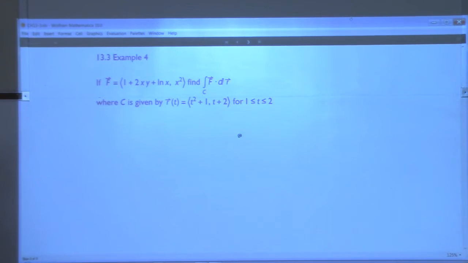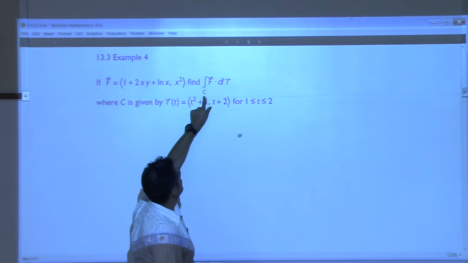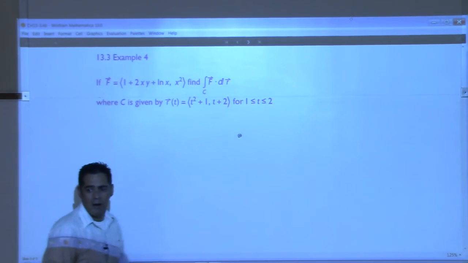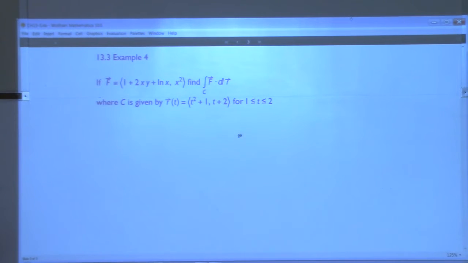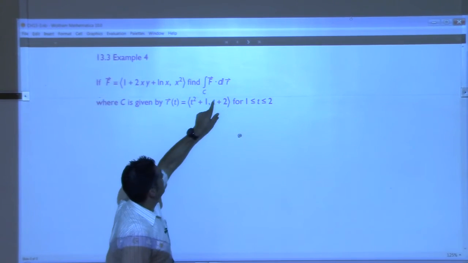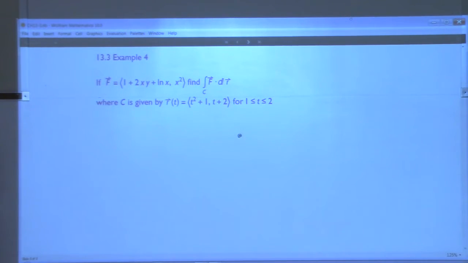Let's act like we have not done any problems today, like this is the first one that we've done. Here's the vector field. We want to find the work done by this field as we move along the curve C, which is given to us by this curve right here. So we could do what we did last class and use the formula: take the field, evaluate it at the curve, find dr, which is the derivative of that, and do all that. But is there another way?